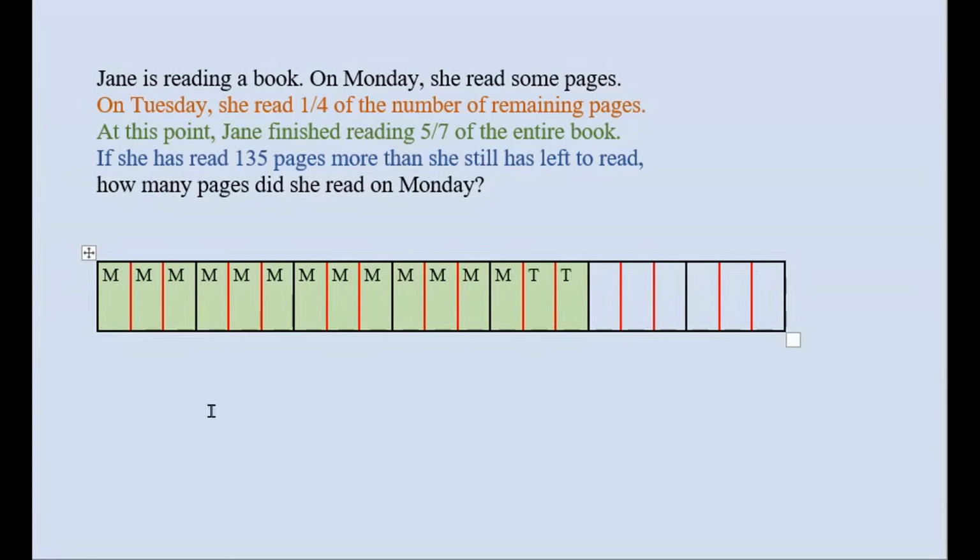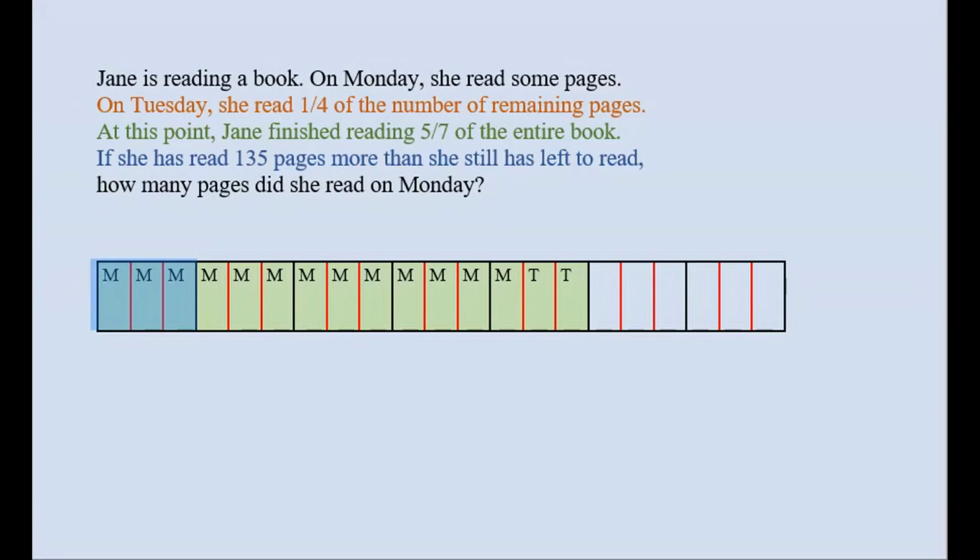The question says, how many pages did she read on Monday? Remember, we concluded that each block, based on the blue part of the question, represents 45 pages. So once I take that block and cut it into 3 pieces, each sliver must represent 15 pages.